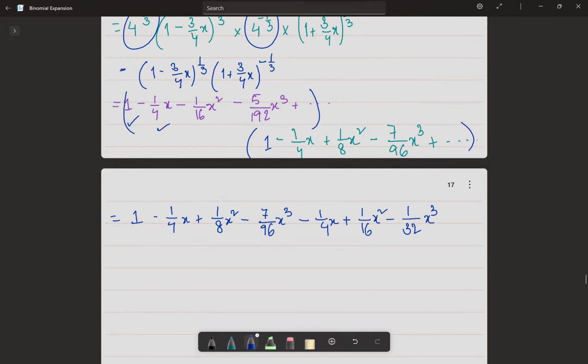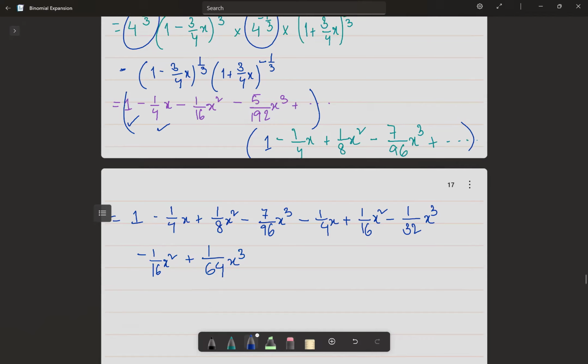Now we will move to the next term, which is 1 by 16x squared. So 1 by 16x squared into 1 gives you 1 by 16x squared. And then we have 1 by 16x squared into minus 1 by 4x. So 1 by 4 into 1 by 16 gives you 1 by 64, and the negatives get multiplied to a positive. So 1 by 64x cube.